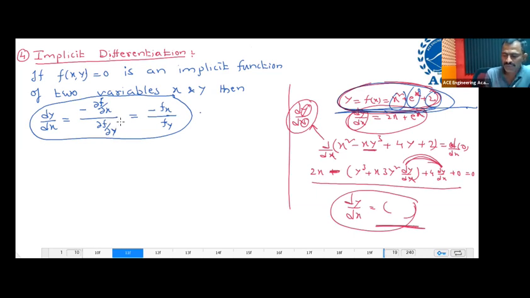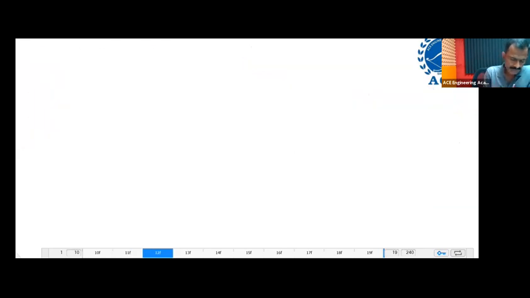So we can use this for both explicit and implicit. It is a method of finding the derivative for implicit functions. Next, Jacobian.